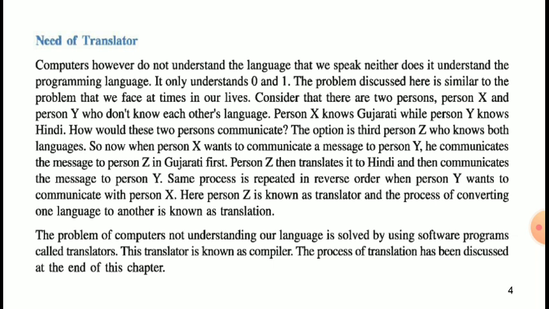The problem of computers not understanding programming language is solved by using software programs called translators. This translator is known as a compiler. Thus, the program converting programming language into binary code is called a compiler. So that is a translator and compiler.